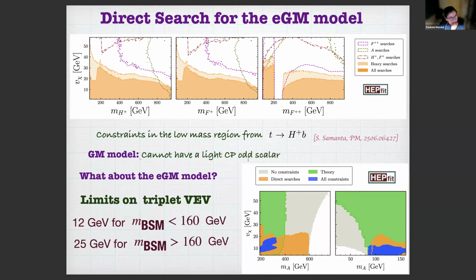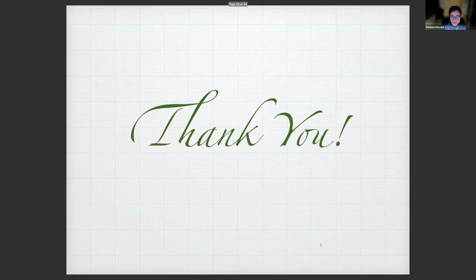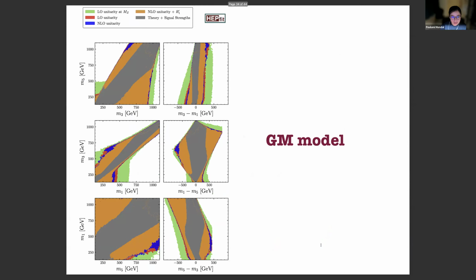When you move from 90 GeV to some other masses, you get your CP odd scalar accordingly. So you can actually have light masses.